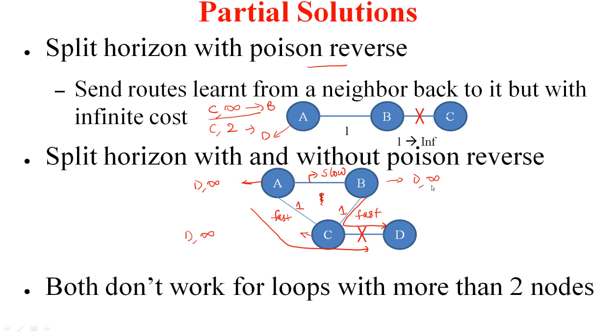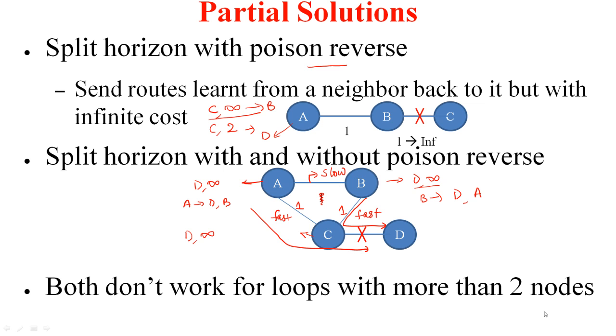Now these periodic updates that were sent by A and B before they learnt from C about the status of D are going to slowly reach the other node, and once they reach, now that they have set D equal to infinity and A is saying it can reach at a cost of 2, B is now going to think that it can reach D via A, and similarly A is going to think that it can reach D via B. So each thinks it can reach D via the other.